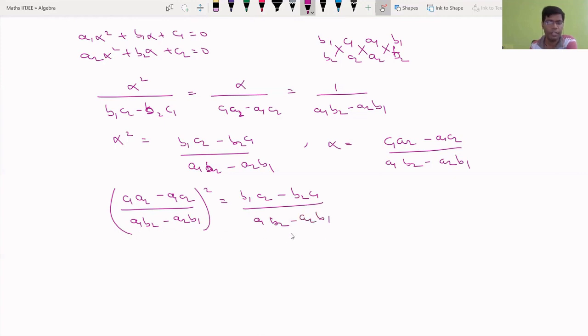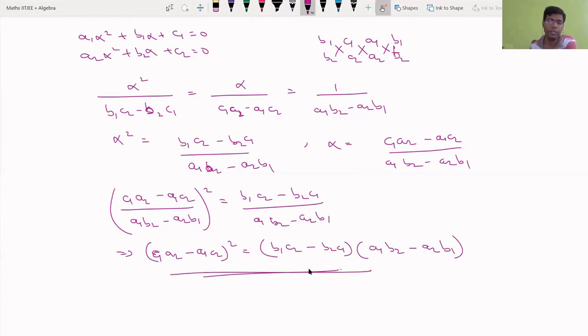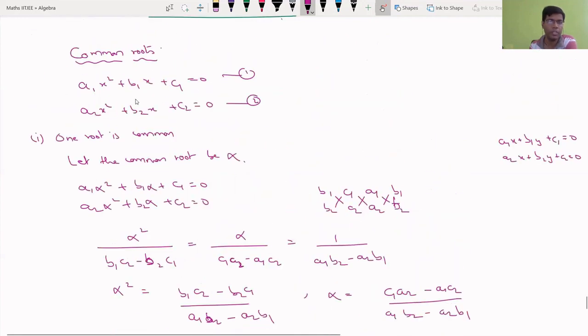And here, if you see the denominator, one factor is common. So I'll get c1 a2 minus a1 c2 whole square is equal to b1 c2 minus b2 c1 multiplied with a1 b2 minus a2 b1. So this is the relation which we'll be getting when we have one root common between these two equations.